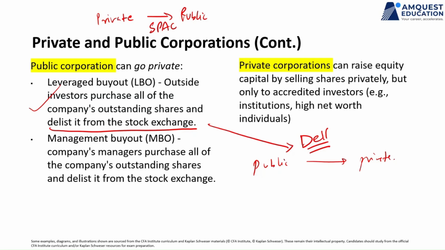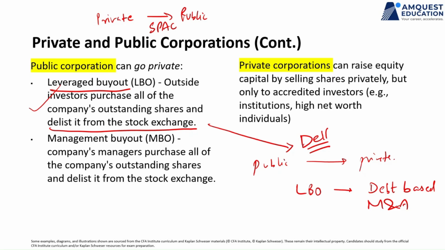So there is a possibility that you can find companies which go private from a public status. And then there is management buyout. What do we mean when we say leveraged buyout? Remember, leveraged buyout is buying companies using a large amount of debt. LBO is debt-based M&A.